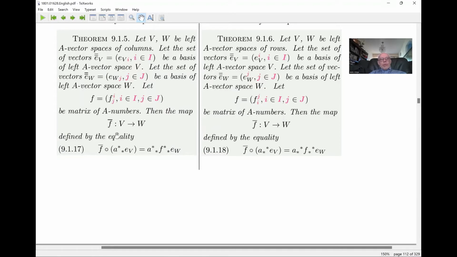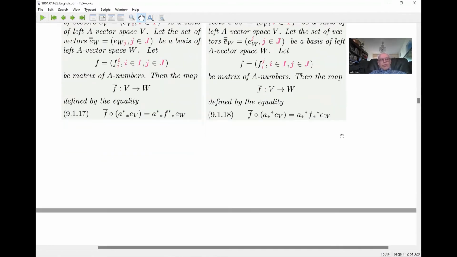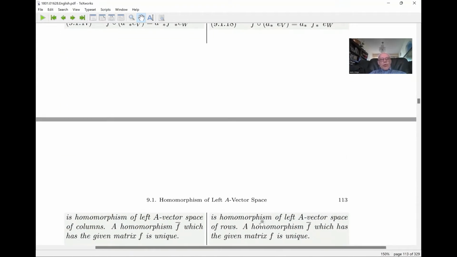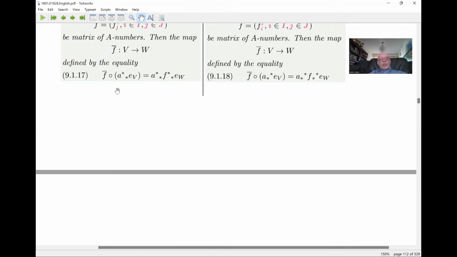Let the map F, defined by equality 1.17, be homomorphism of left A vector space of columns. Homomorphism F, which has the given matrix F, is unique. Here we defined the coordinate of image of vector a as product of matrix a and matrix F.